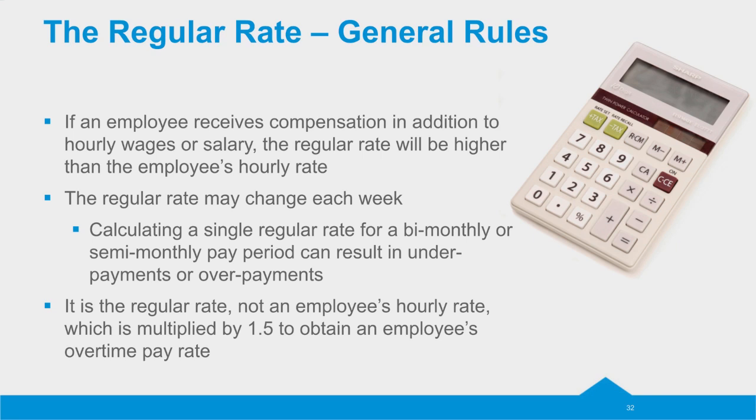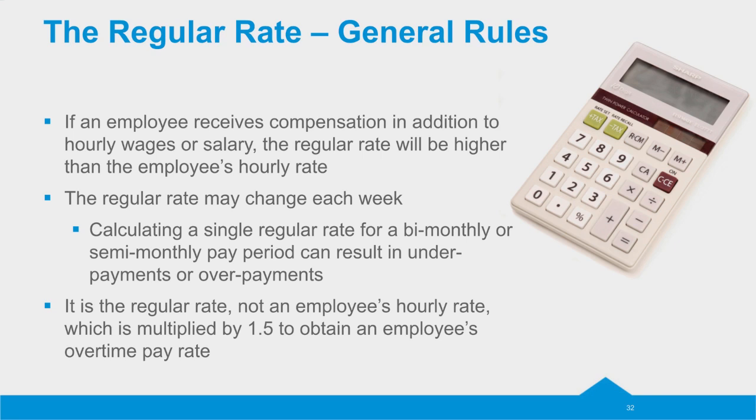It's something that you are going to have to calculate on a week-by-week basis. And if you calculate that regular rate on a different basis, such as the pay period basis, so if someone's paid bi-monthly or semi-monthly, that could result in underpayments or overpayments, just depending on how those calculations are conducted. So it really does need to be done week to week, even if you're paying on a different cadence, which a lot of people do.